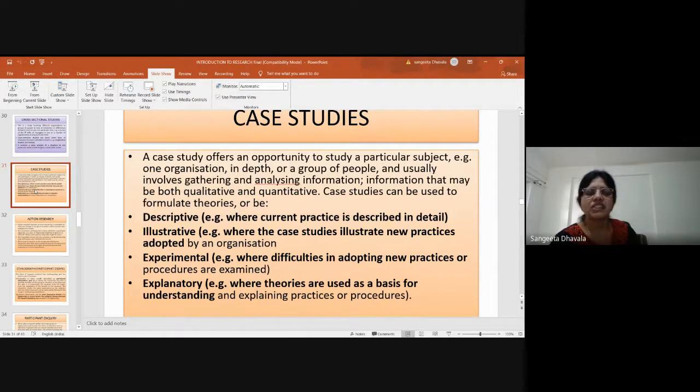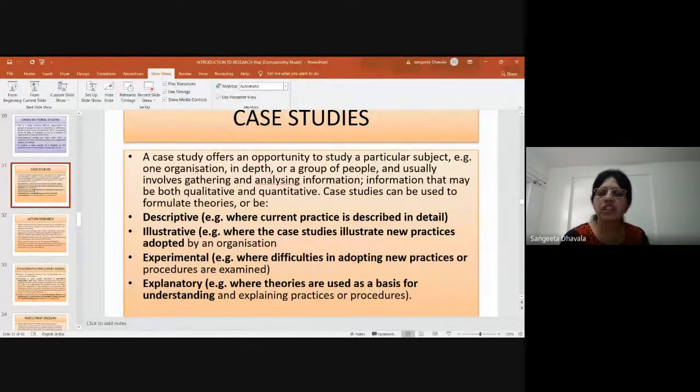So case study generally can be for a singular incident or a broader term also. You could say job satisfaction of employees in HPCL, a case study, right? So depending on that, you will arrive at a particular conclusion.